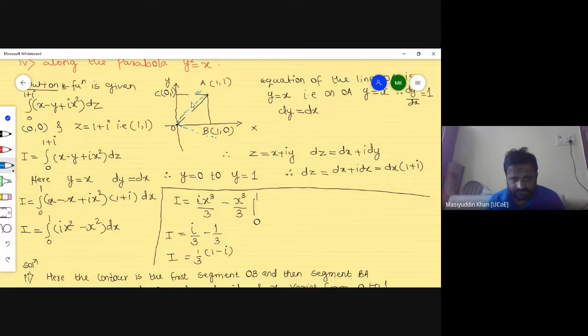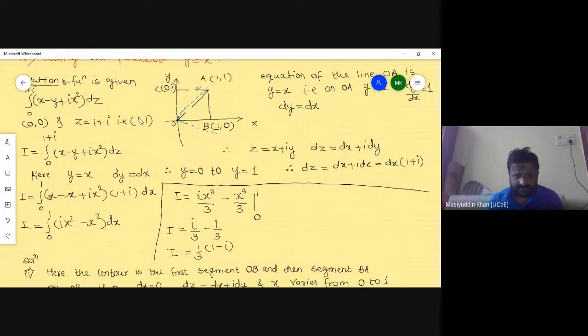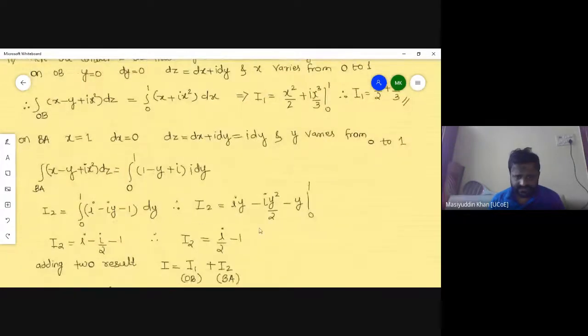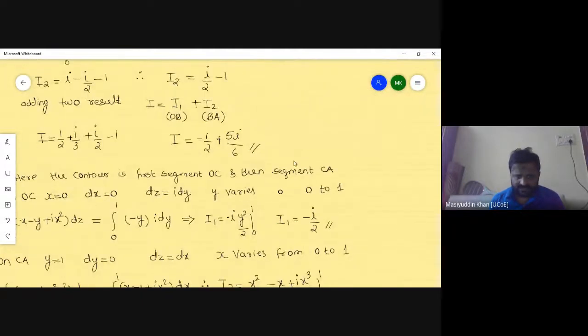So we have to consider this is our segment for this particular line integral, and this is a parabola. Because it is clearly mentioned, the equation is given.